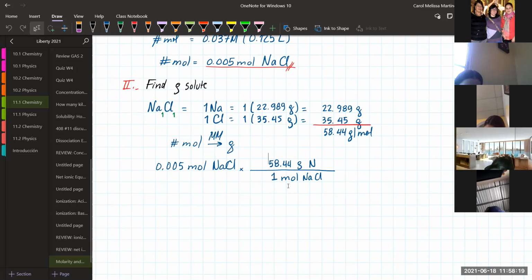This allows you to eliminate moles with moles. And how much is this? 0.29. 0.28 grams of sodium chloride.